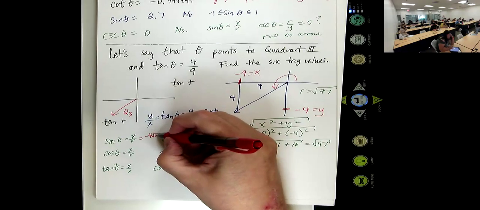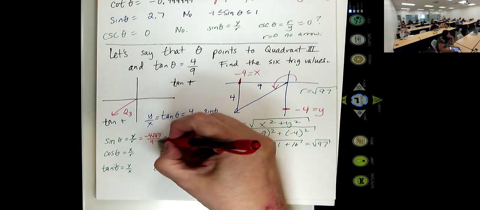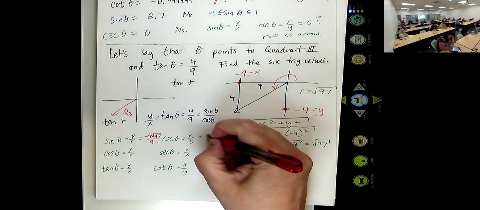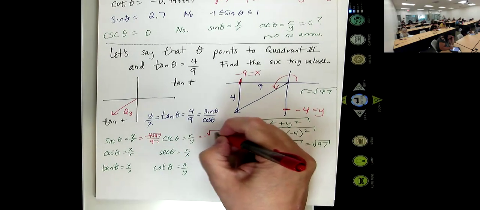You should end up with -4 times the square root of 97 over 97 for sine, after you deal with rationalizing the denominator. And this one should be negative square root of 97 over 4.